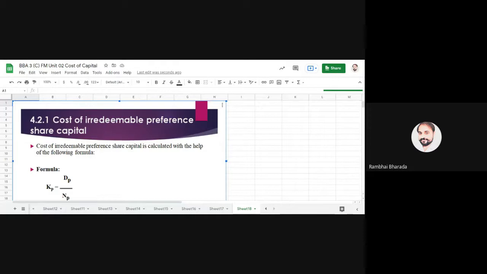For easy understanding, or for remembering purposes, I compare the irredeemable preferences with a wife. It's a wife of the company. It means once it is issued, it remains with the company. Like here in India, if a woman is married to one particular male, she remains with him for the life period. And here they say there are 7 pheras and a bond of 7 lifetimes, so the same is applicable here. As long as the company is there, these remain.